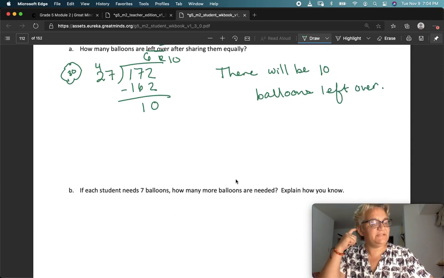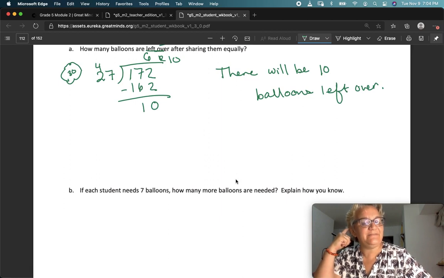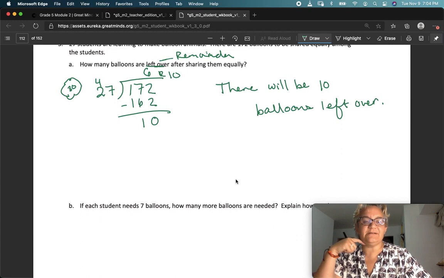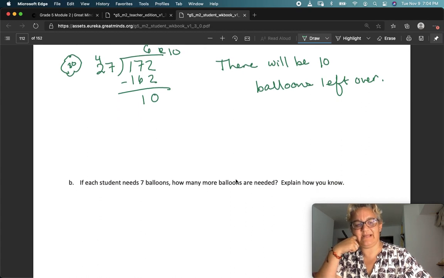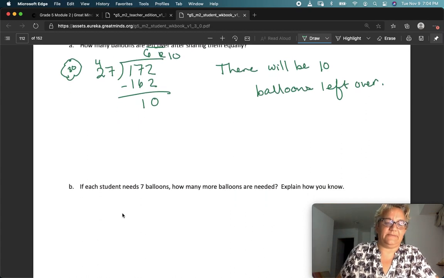Okay. If each student needs 7 balloons, how many more balloons are needed? Okay, explain how you know. Well, let's see. Everybody has 6, right? Everybody has 6, but everybody needs 1 more, and we only have 10, and there's 27 students.